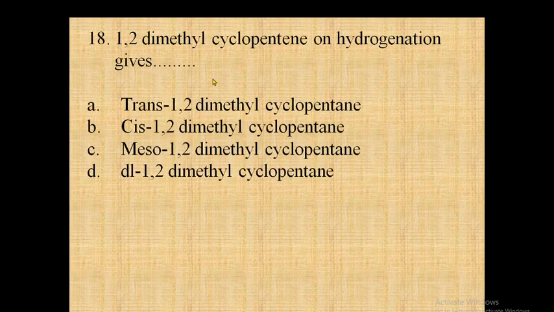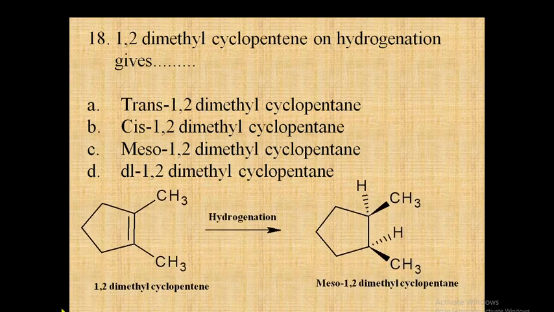1,2-dimethyl cyclopentene on hydrogenation gives what? An interesting one. Trans 1,2-dimethyl cyclopentane, cis 1,2-dimethyl cyclopentane, meso 1,2-dimethyl cyclopentane or DL 1,2-dimethyl cyclopentane. Let's see the reaction. So this is the 1,2-dimethyl cyclopentene. This is the carbon double bond, and at the 1 and 2 positions, two methyl groups are there. After hydrogenation, when hydrogens are added from the same side, as it is simple hydrogenation, syn addition takes place.